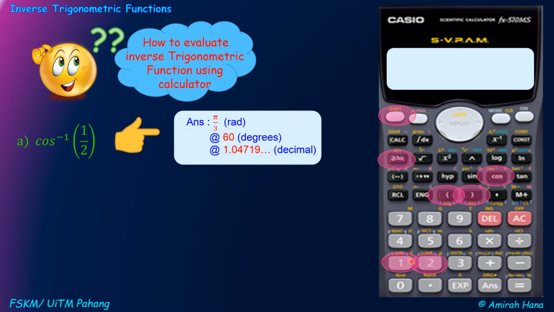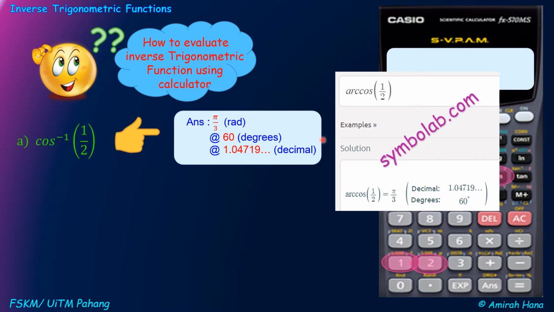After that we press equal, then the answer equals 1.04719 if we use mode radian, or we will get 60 if we use mode degree, or we have pi over 3 radian. This is the final answer.